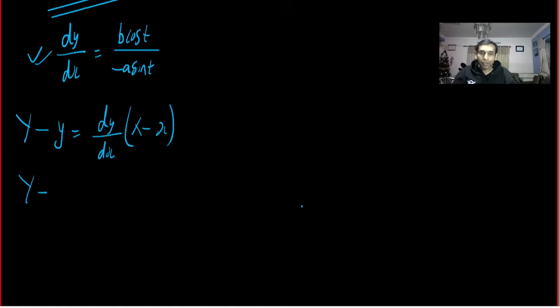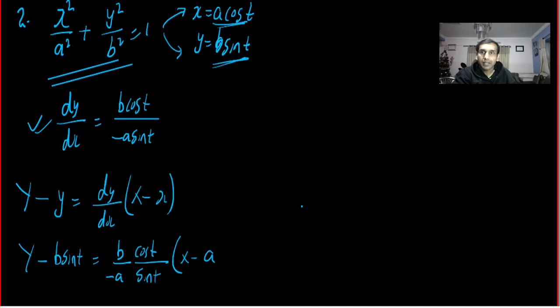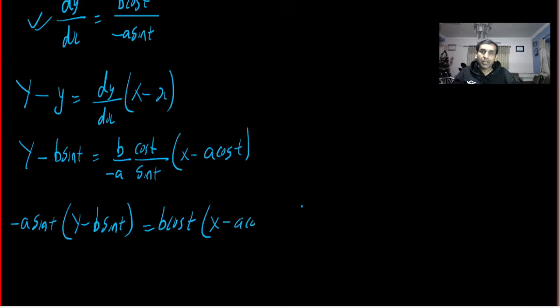There is parametric form, so I'm going to keep y is equal to b sin t is equal to b by minus a cos t by sin t into x minus a cos t. Okay, I'm going to take minus a sin t to the other side. So I'm going to get a sin t y minus ab sin t is equal to b cos t x minus ab cos t.